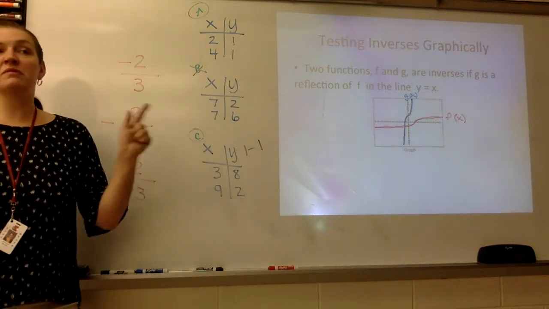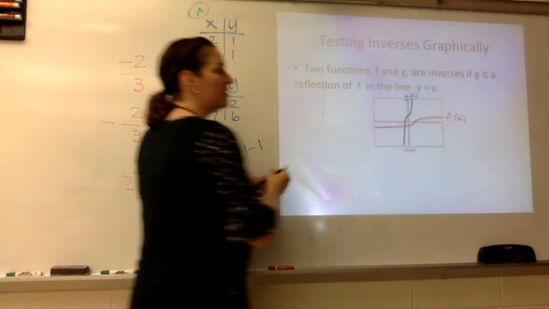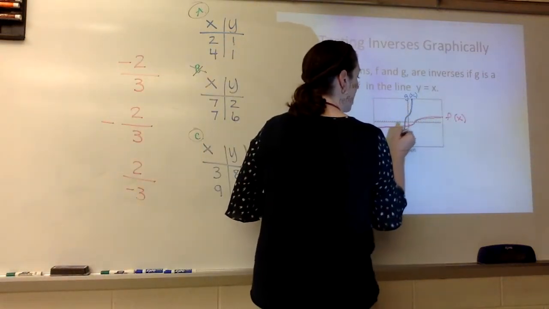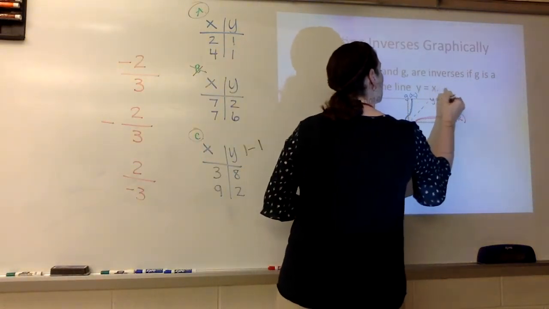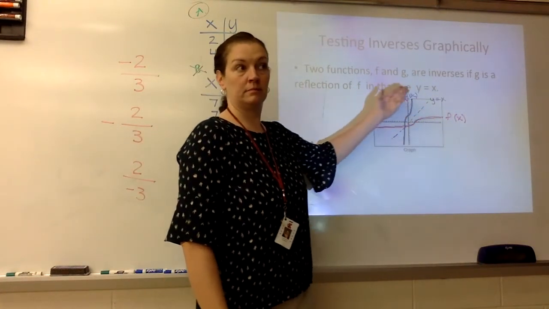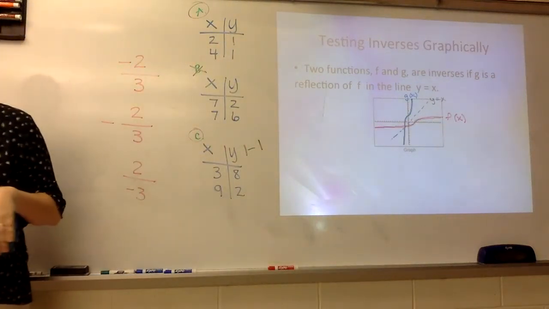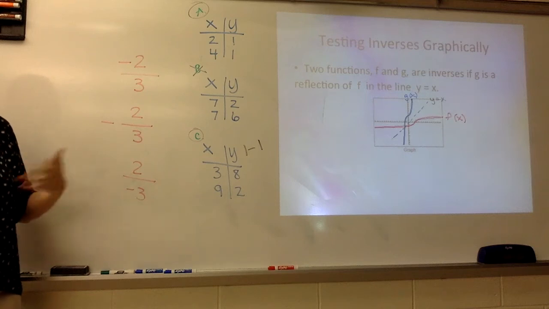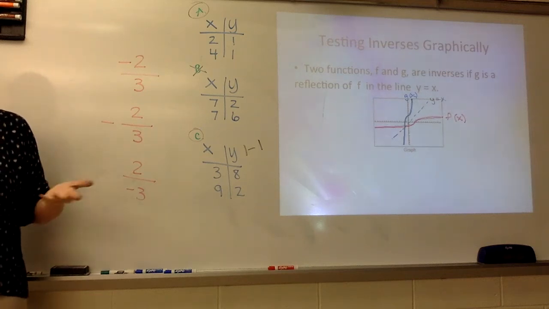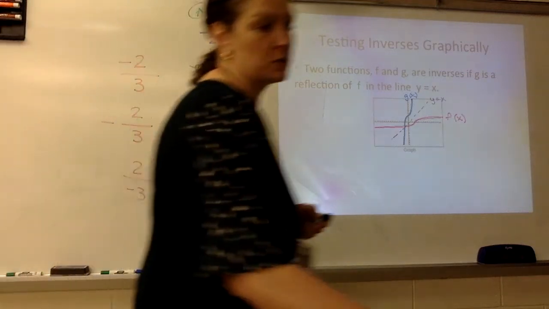I know that the two of those are inverses graphically if I draw in the line y equals x and I end up with a mirror image. Take a look at that. Red is the mirror image of the blue. That means that the two of them are inverses. Okay? However you want to draw that, I believe that's the first one coming up.